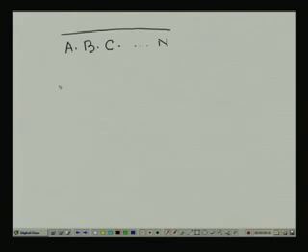Then the result will be, if each of the variables is inverted, a bar dot b bar dot c bar dot n bar, and all the dots will be replaced by plus.